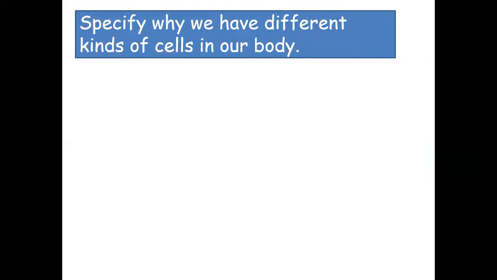Another question we have: specify why we have different kinds of cells in our body. As we mentioned in the previous question, there are different kinds of cells in the body of an organism. Now we have to mention why. We have to specify why we have different kinds of cells in our body, not similar kinds of cells in all the body.